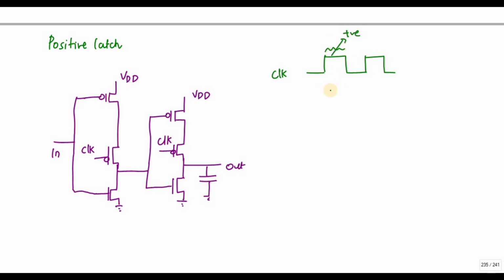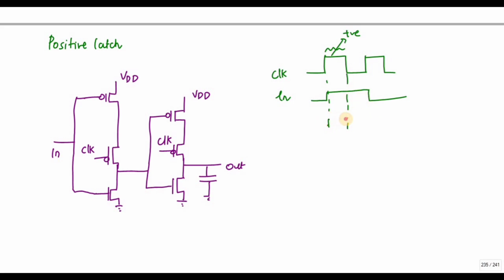That is, whenever the clock is high, the input value will be reflected in the output.